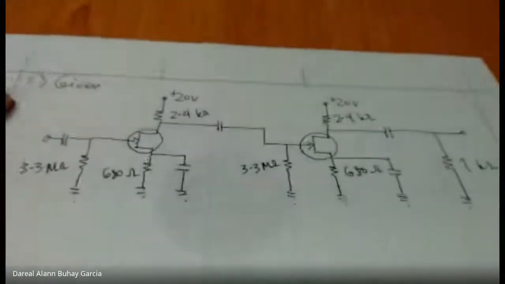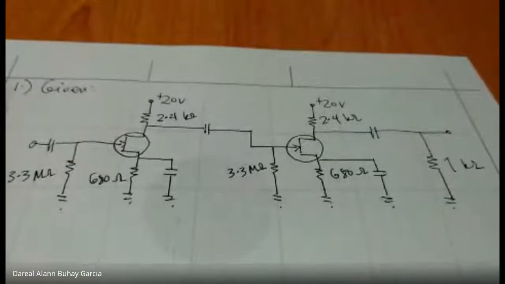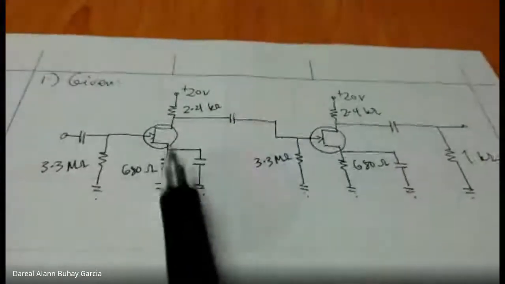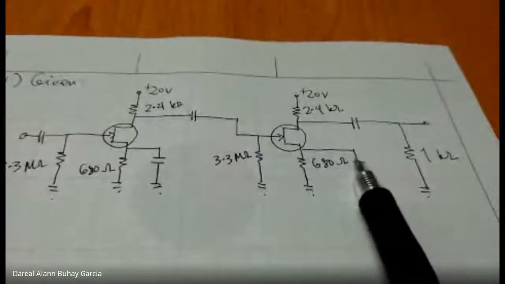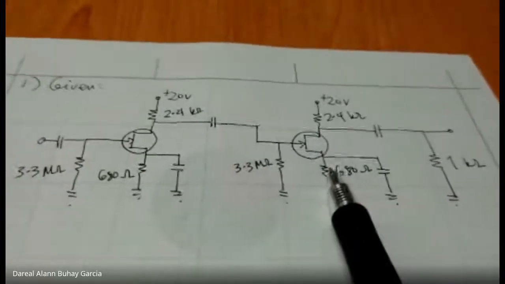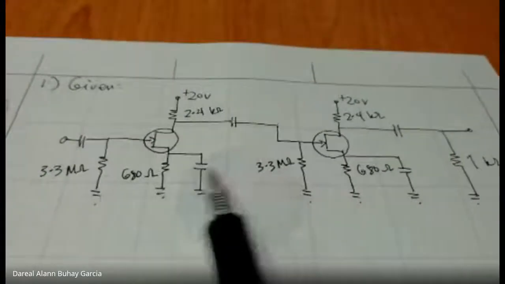Example, this one. We are given a two-stage amplifier circuit, both of which are self-bias na naay capacitor na mo bypass sa Rs. All of the values are the same.